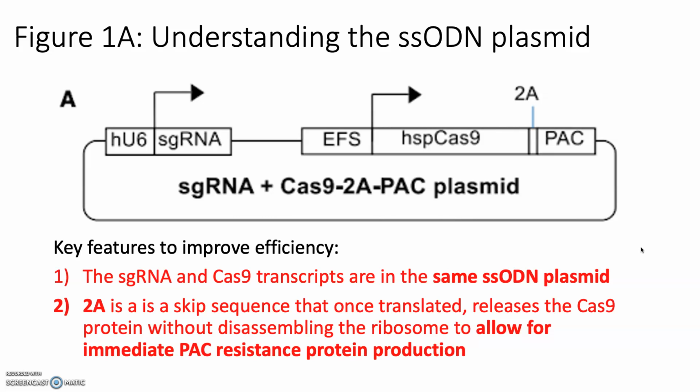And so the 2A sequence in the RNA will allow, as it sounds, the ribosome to basically skip over that sequence and release the Cas9 protein that's been made before it goes on and starts translating the rest of the sequence. This is important because it makes the process more efficient. Again, it keeps the ribosome from disassembling entirely before it starts translating the resistance gene, which is a notable improvement to efficiency.